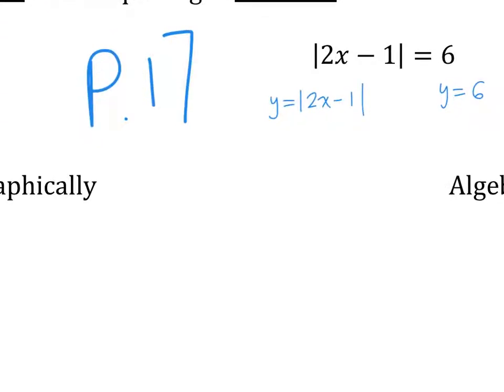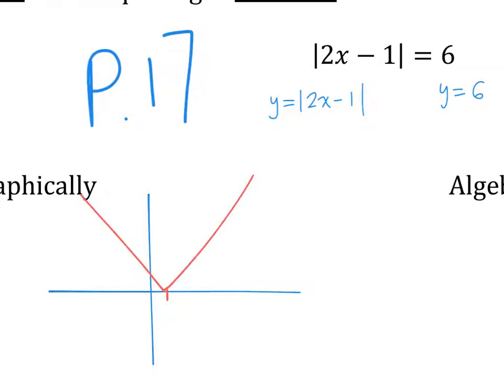So let's think about this graphically. Absolute value 2x minus 1 is an absolute value graph that has a vertex at 0.5. So this is y equals absolute value 2x minus 1. And then the graph y equals 6 is just a flat line at 6.